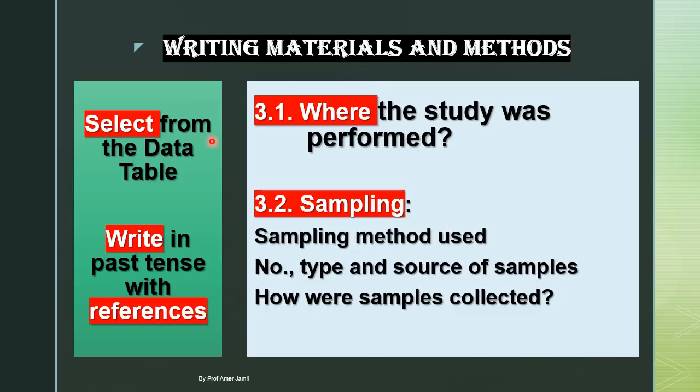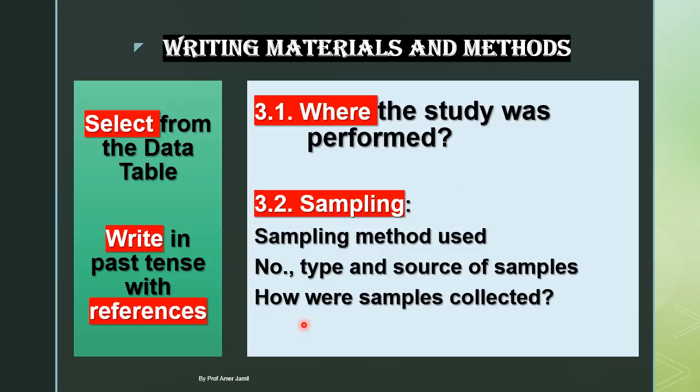You once again use the data table for your materials and methods for references, and you must write it in the past tense with references, because you are giving the methodology which you have already done in research. So you should give where the study was performed, and you can give the numbering like 3.1, or there's further subheadings, and then 3.2, what sampling method did you use, the number of samples, type and sources of samples, and how were samples collected.